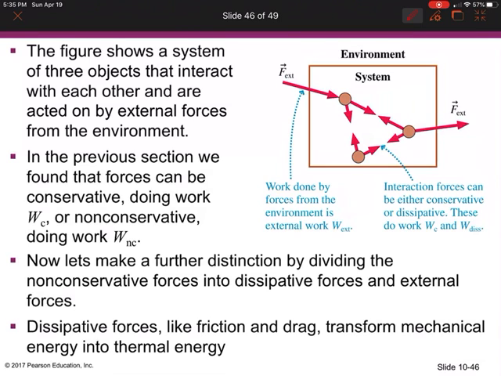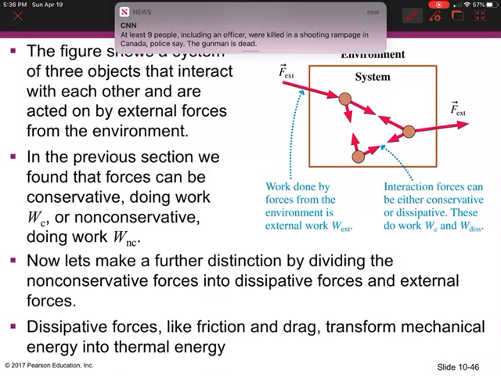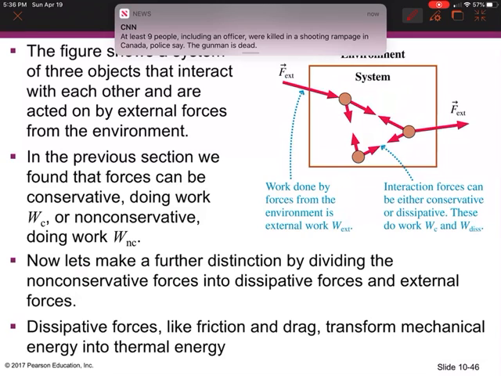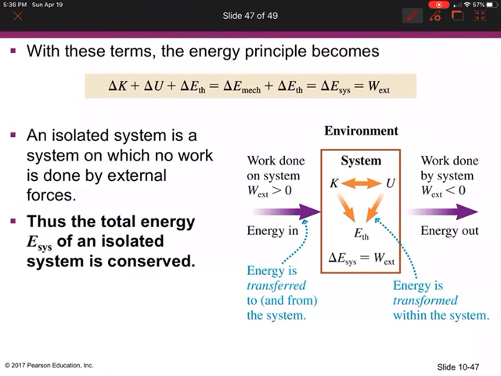So non-conservative forces doing work. Let's make a further distinction by dividing the non-conservative forces into dissipative forces and external forces. Dissipative forces make it to where it doesn't move, like friction and drag.